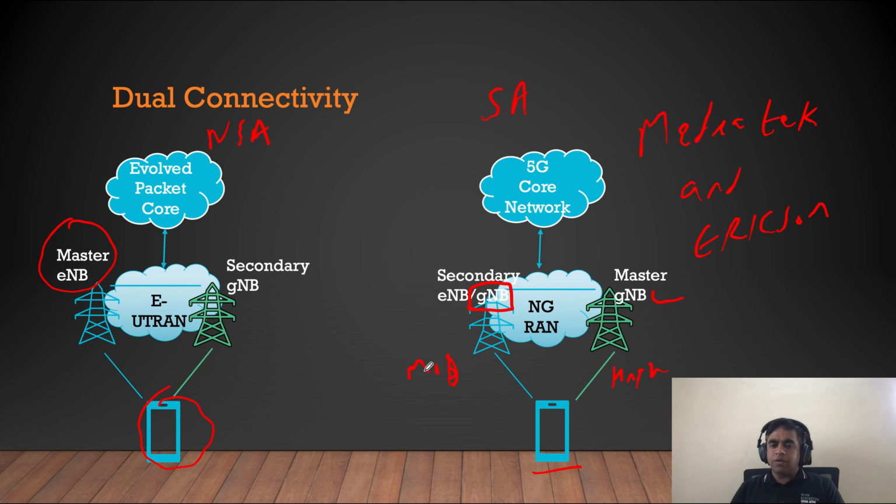So you see, mid-band and high-band, as we have covered in the last few minutes. So with this dual connectivity, mid-band was used for a broader reach, high band was used for higher bandwidth. So we are getting the benefits both ways.